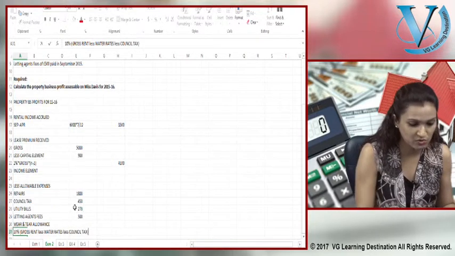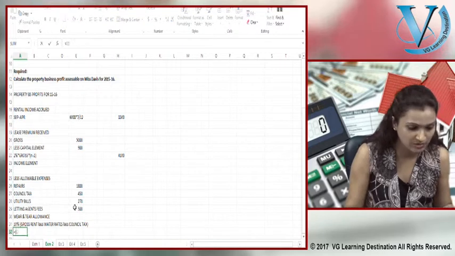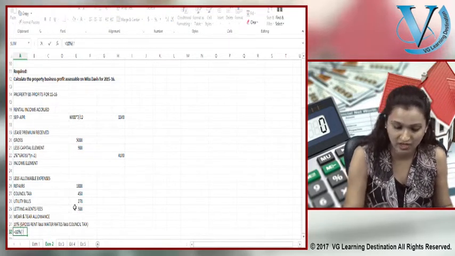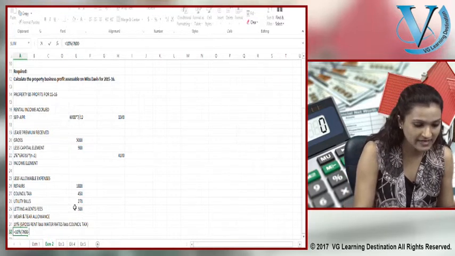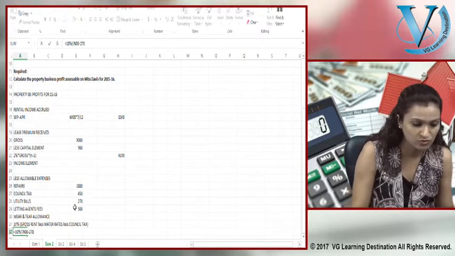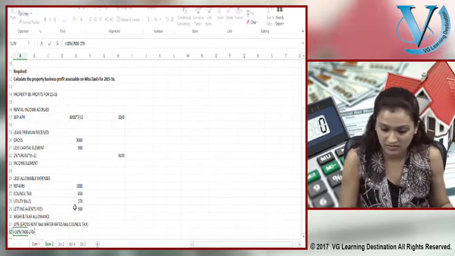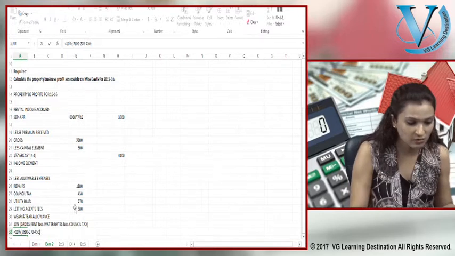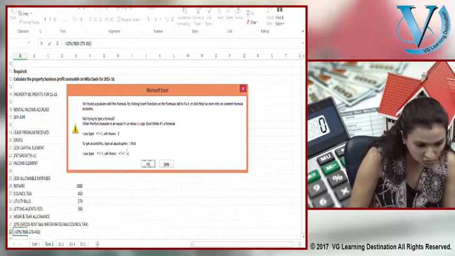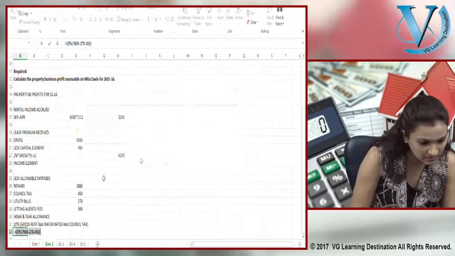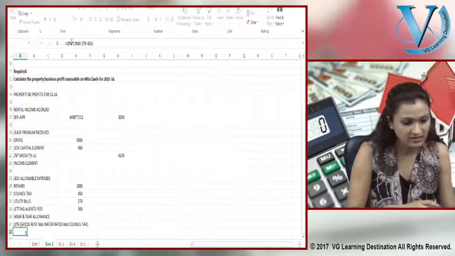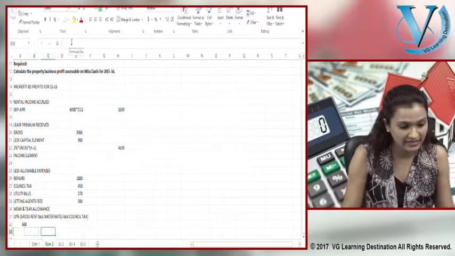So in the said question, what do we have? This is equal to 10%. What is the gross rent? Gross rent is 7,600. Minus, what is the water rate? What is the utility bill? 270 minus your council tax of 450 comes out to be, I haven't put the multiply sign. Let me just put the multiplication sign here. Right, comes out to be 688.